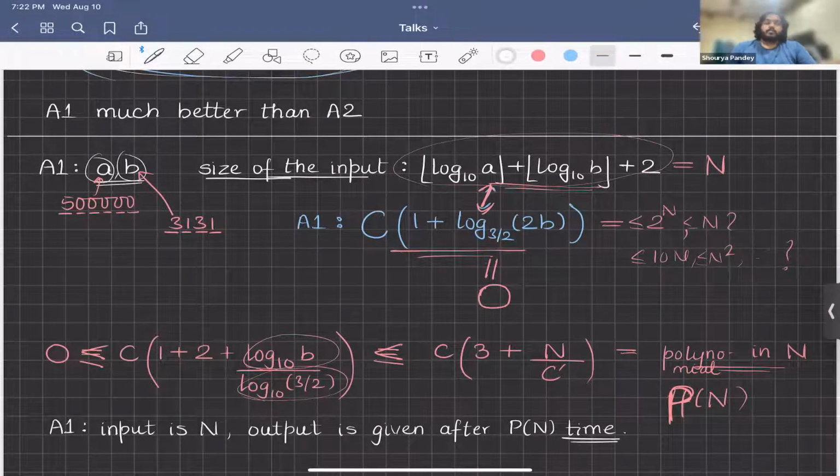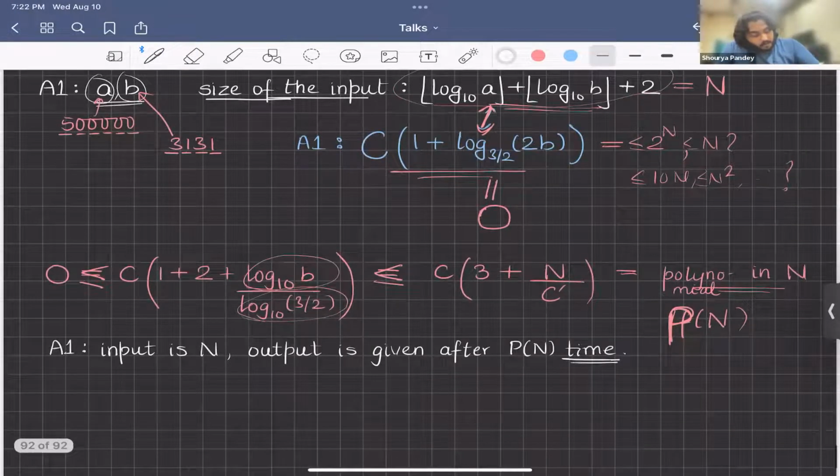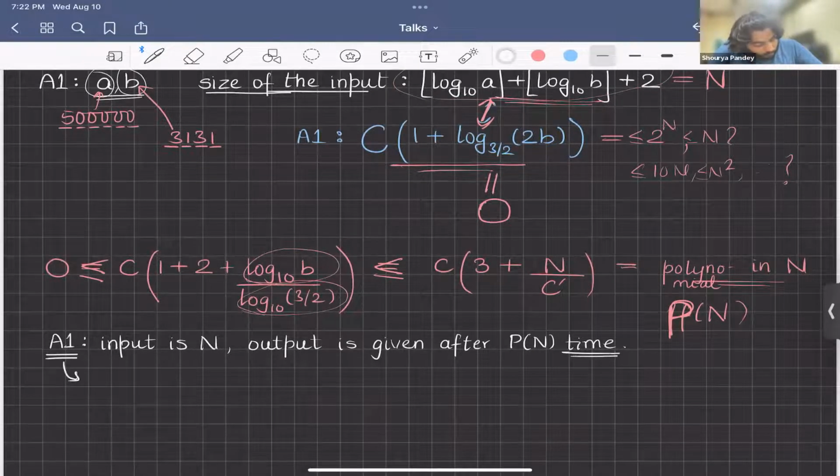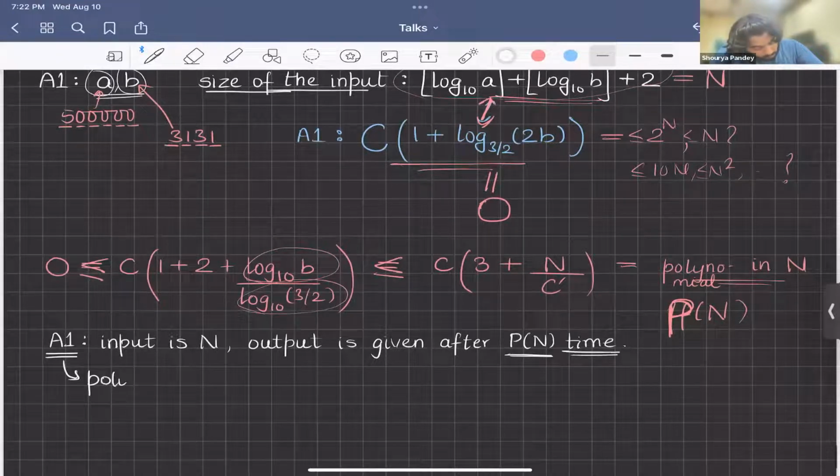Think of this algorithm being done by some sort of a computer. You care about how much time it takes. And so this algorithm is what is called a polynomial time algorithm for the problem of finding GCD, because this is polynomial. It's called a polytime algorithm.